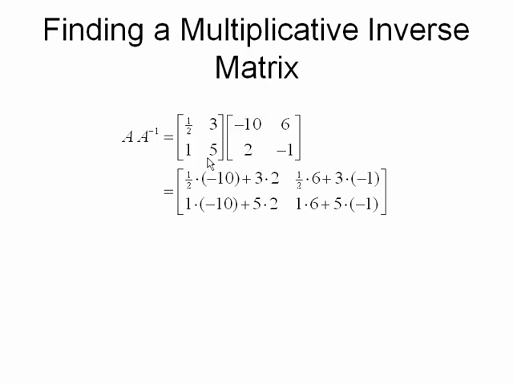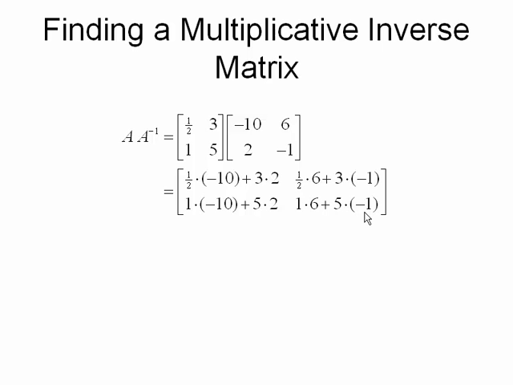So when I work out my rows and columns, first row times first column will be 1/2 times negative 10 plus 3 times 2. Second row times first column is 1 times negative 10 plus 5 times 2. First row times second column is 1/2 times 6 plus 3 times negative 1. And second row times second column is 1 times 6 plus 5 times negative 1.